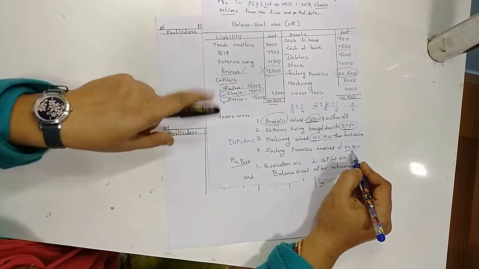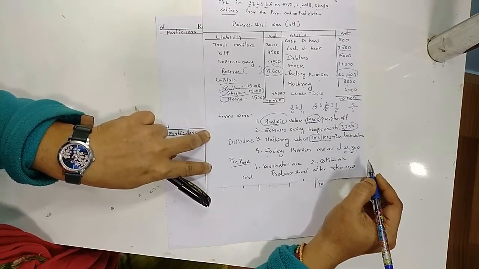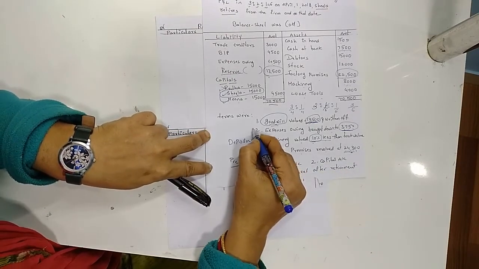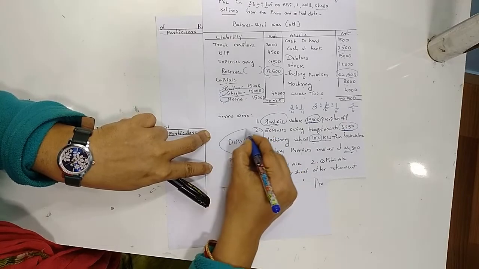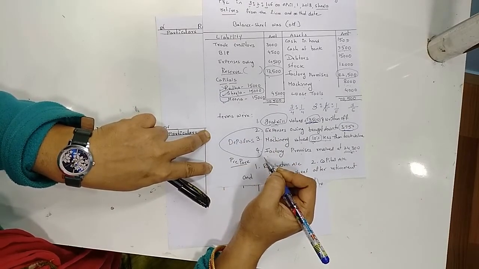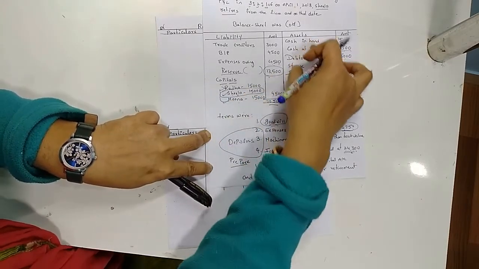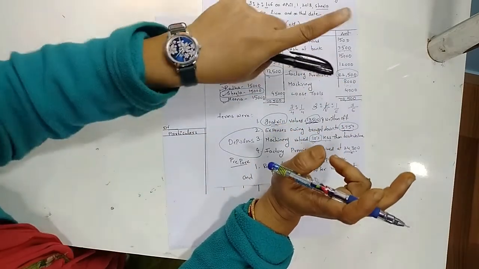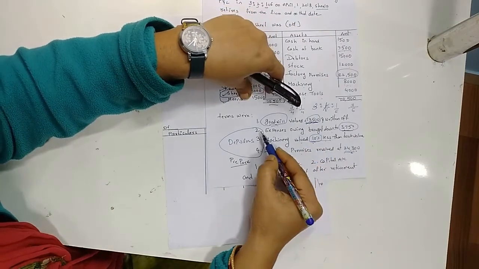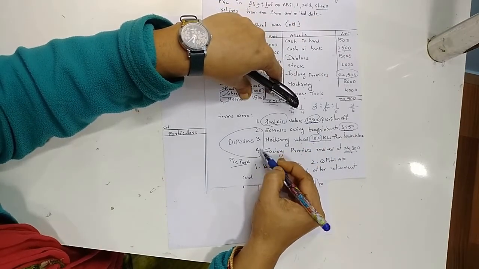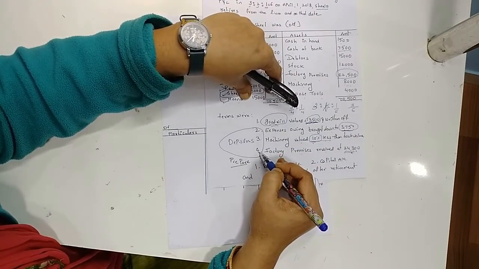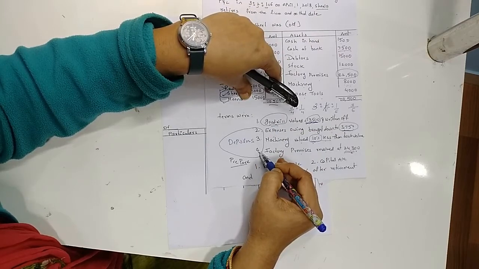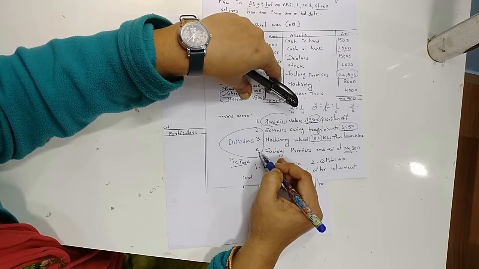Whenever you are preparing the revaluation account, you need to consider all these assets and liabilities which are changed by revaluing. Don't go to all the assets and liabilities while preparing the revaluation account. Remember this point, students: you need to consider only adjustment assets and adjustment liabilities. Only those changes you need to record in the revaluation.